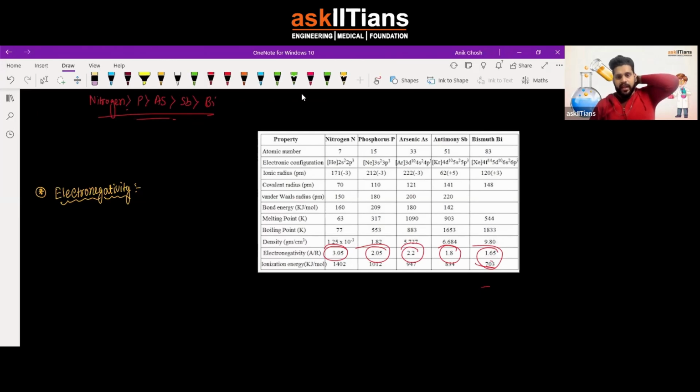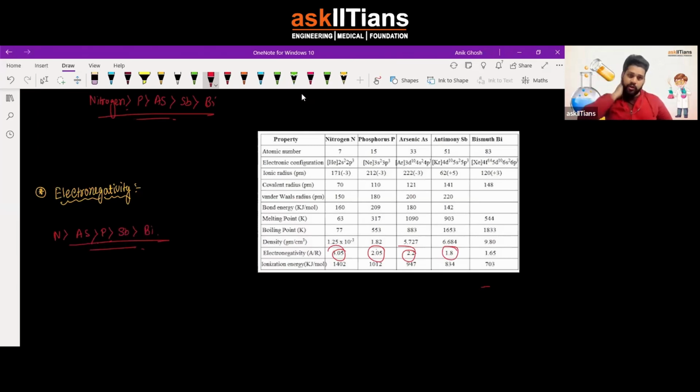Here you can see that nitrogen has the highest electronegativity. After that, you have the next highest value as 2.2, which is arsenic. After arsenic, we have 2.05, which is phosphorus. Then we have 1.8, which is antimony. Then we have bismuth. So this is the electronegativity order.